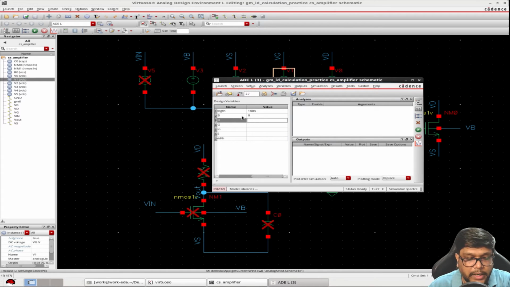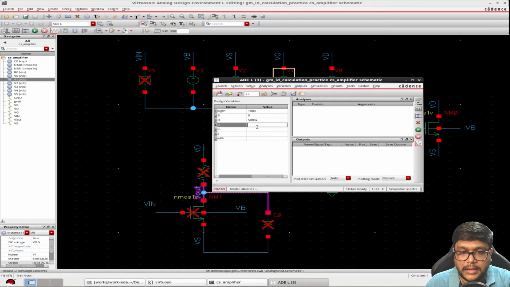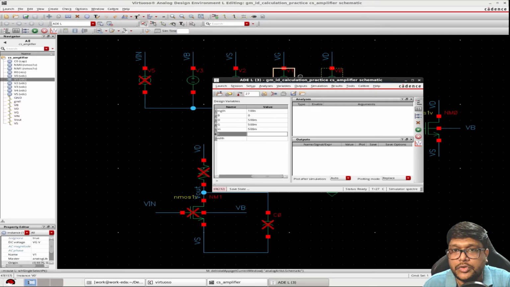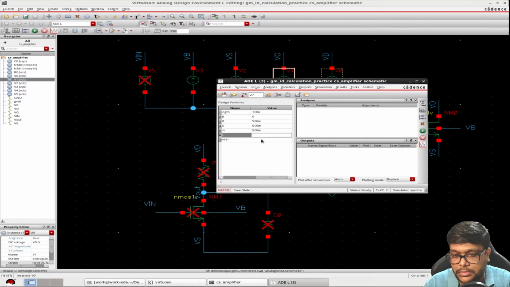We'll have to find that one. Because I will sweep that, let me take it VDD by 2 initially. Same for VG, we'll sweep that to find the proper value. Vin we don't know till now, so I'm taking 0.5. And Vs, the source voltage, will be connected to ground, so 0 volt. What will be width? The minimum width is 120 nanometer.